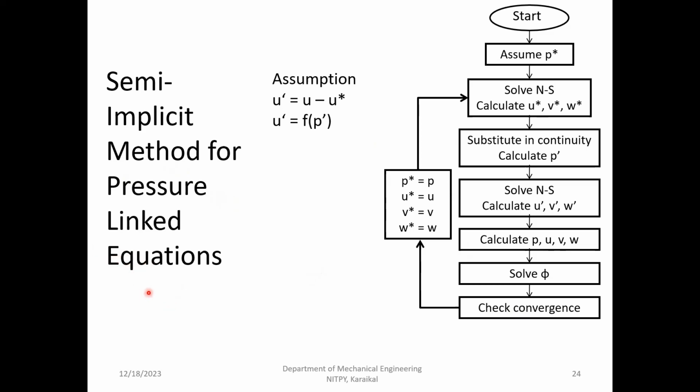We can have SIMPLE, SIMPLEX, SIMPLER, PISO. So when you go for Fluent, you must look at which method to choose. Please look at the background equations for the corresponding method, because there are methods related to particular problems. Once you know the physics of the problem, we have to choose the corresponding method.